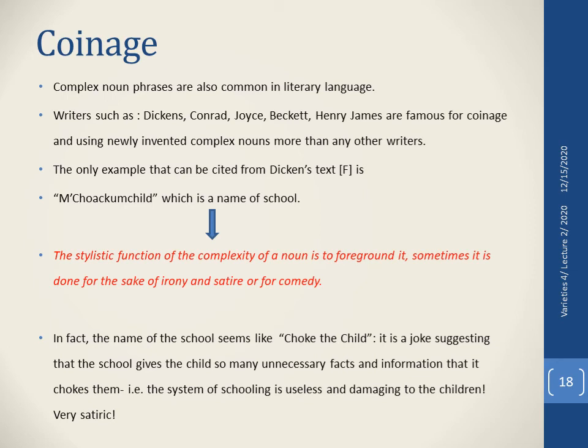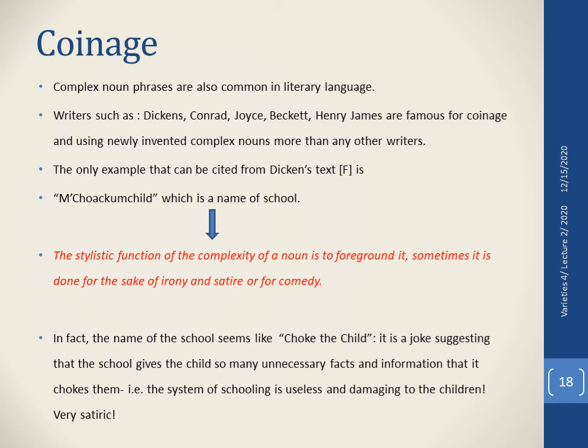Complex noun phrases are also common in literary language. Writers such as Dickens, Conrad, Joyce, Beckett, Henry James are famous for coinage and using newly invented complex nouns more than any other writers. The only example that can be cited from Dickens' text is M'Choakumchild, which is a name of a school. It's quite strange and long and doesn't basically exist in English.